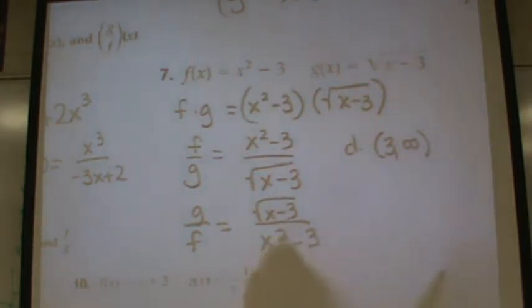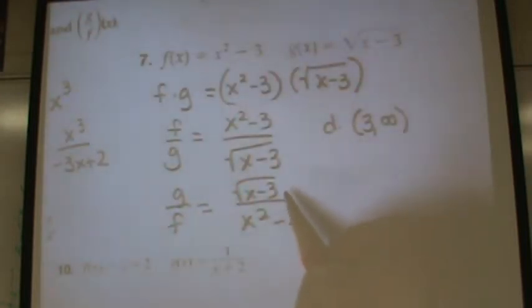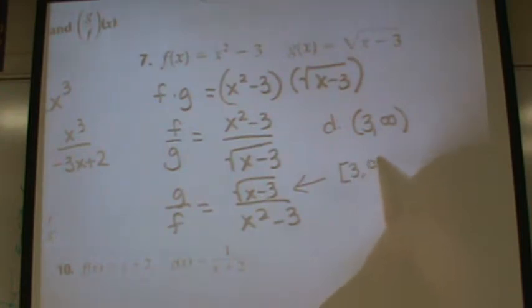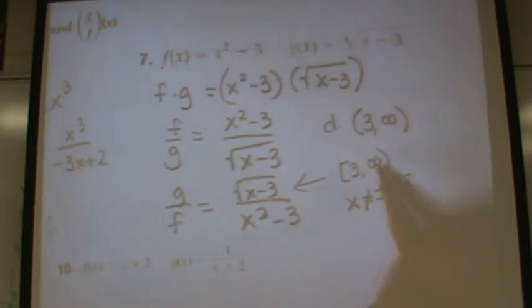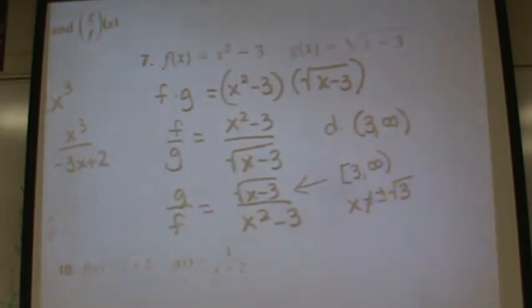For this one, the domain has to be, for the top, 3 to infinity, but for the bottom, x is equal to plus or minus root 3. It can't be. So the intersection of these two is your domain. So it can't be -3.